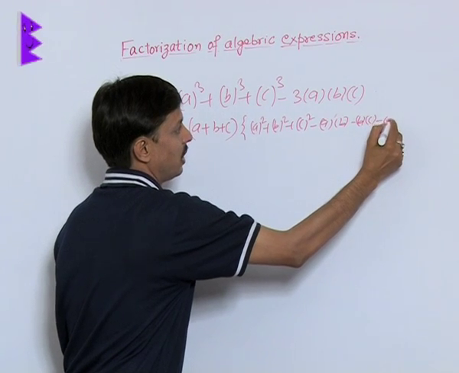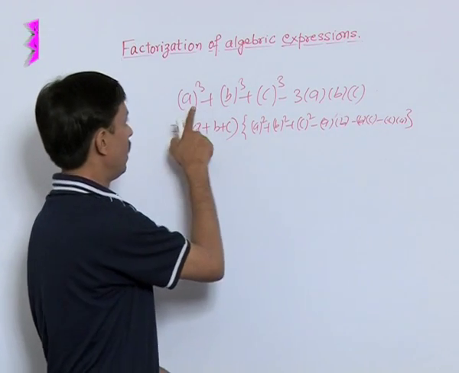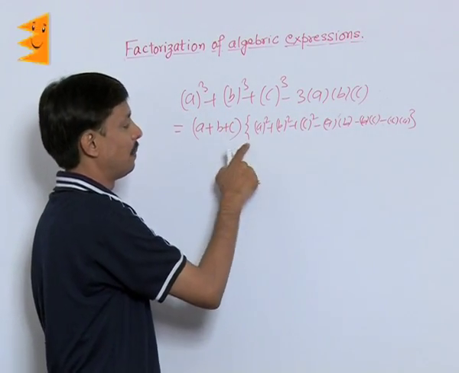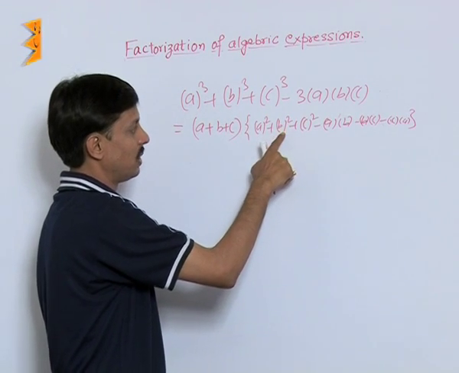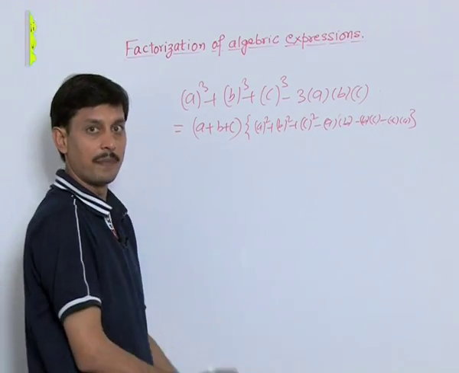You can say in short it is ca. So a cube plus b cube plus c cube minus 3abc is (a + b + c) into (a square plus b square plus c square minus ab minus bc minus ca).